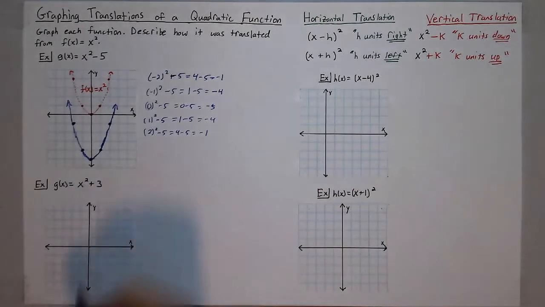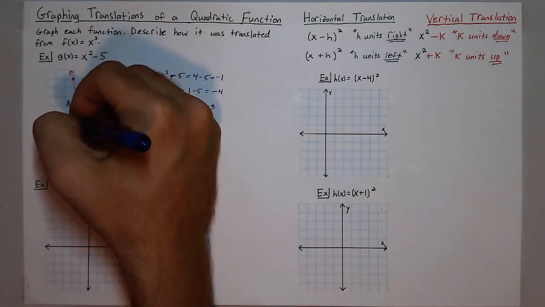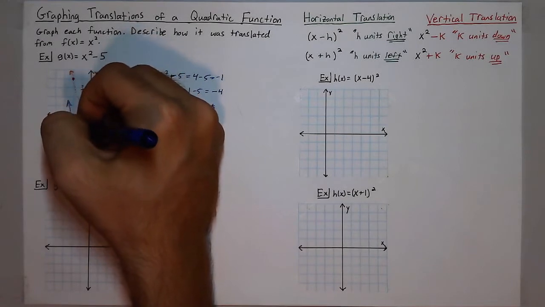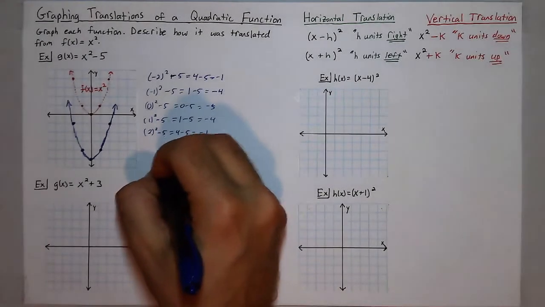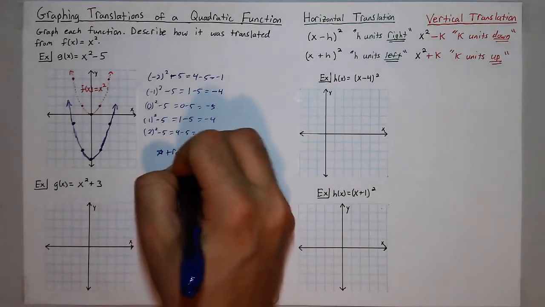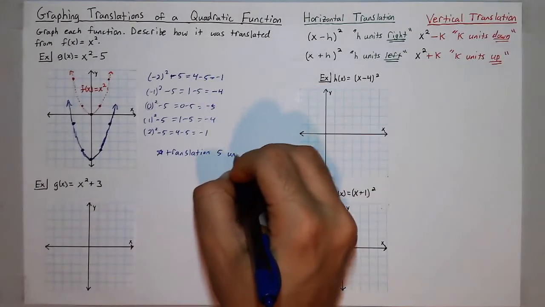If I look at every point, how it moved, every point went 1, 2, 3, 4, 5 down for every single point. So it looks like this entire graph just translated 5 units down. So we'll say it's a translation 5 units down.